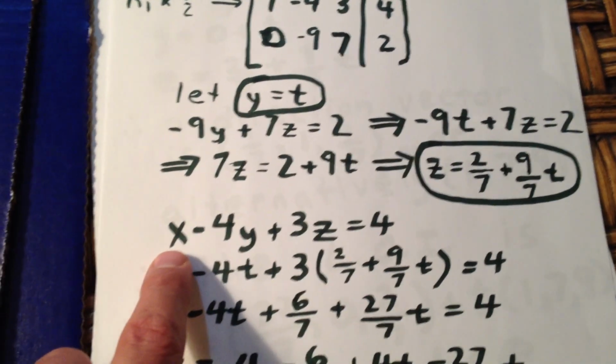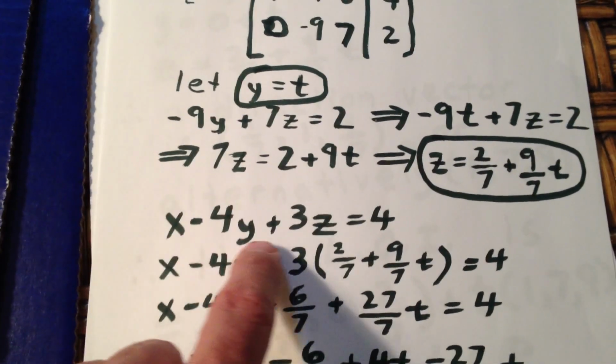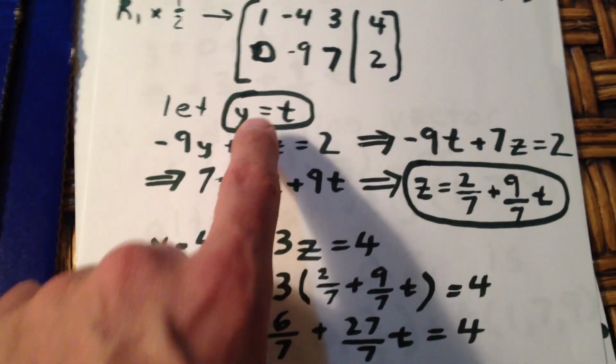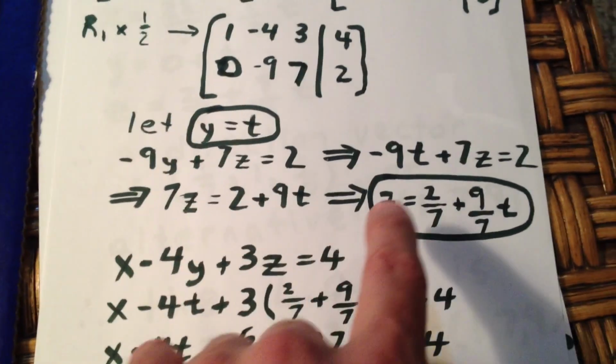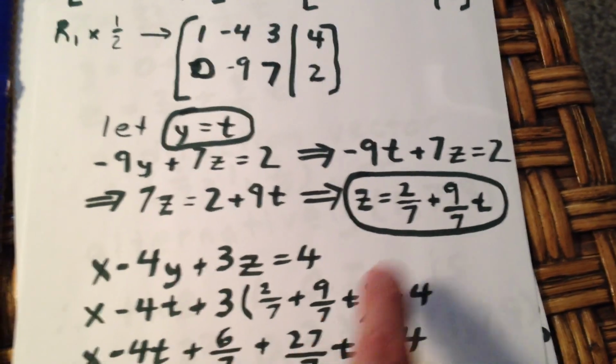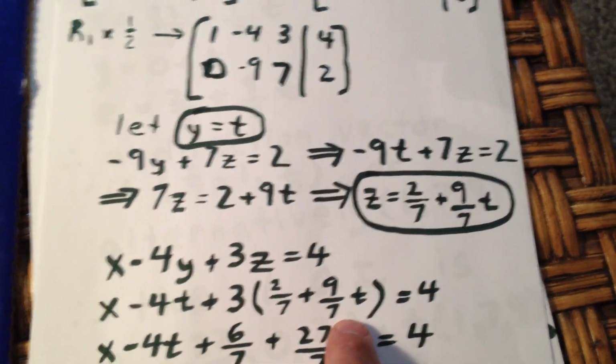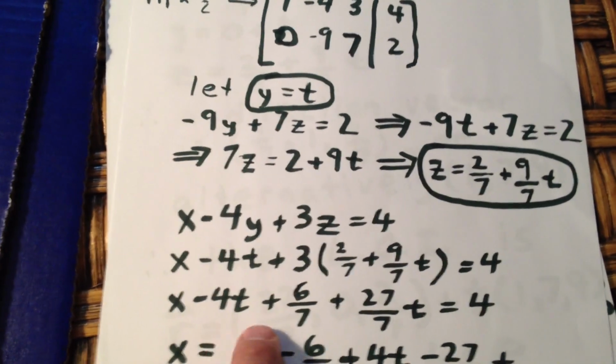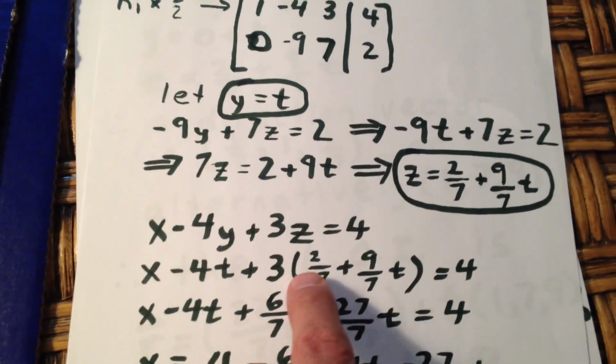Now what we can do is move up one level to this row and try to isolate the x. Well, x minus 4y plus 3z equals 4, subbing in a y value of t, and a z expression of 2 sevenths plus 9 sevenths t, and letting it equal 4, leads to this next line, distributing the 3.